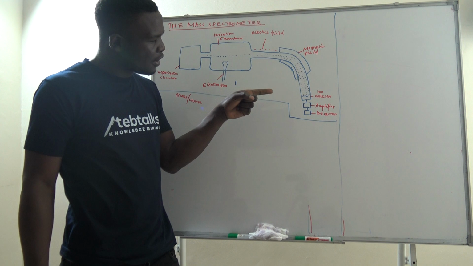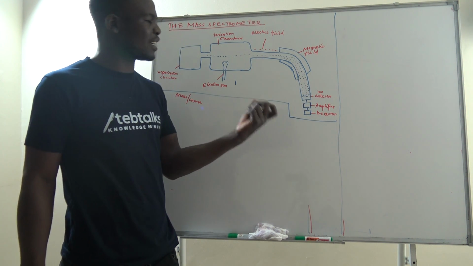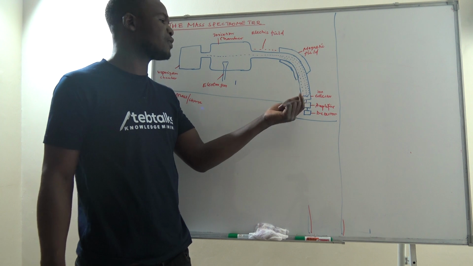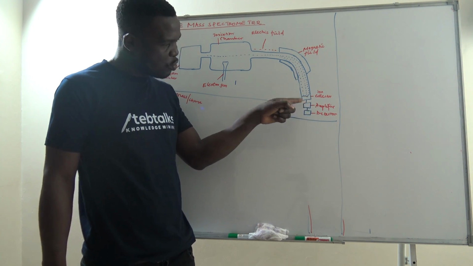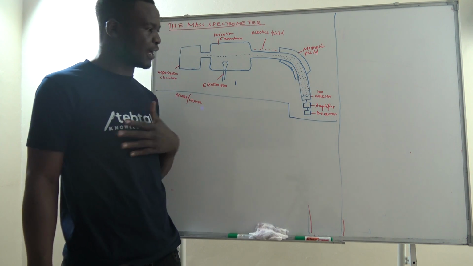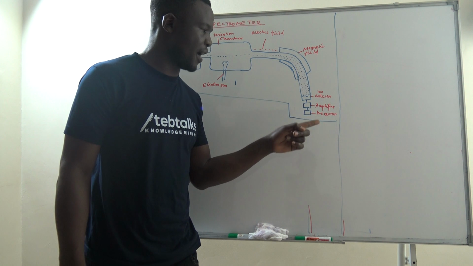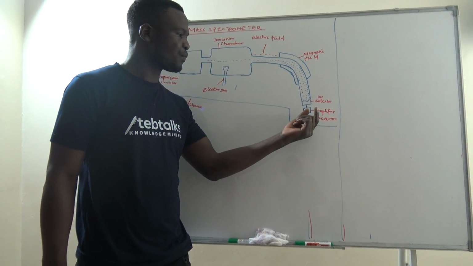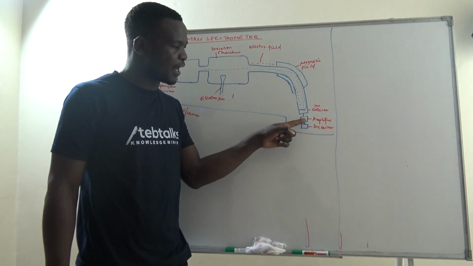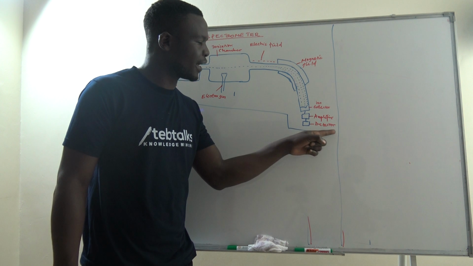Now, when the current is produced here, it is not enough to be detected. In fact, if you connect an ordinary ammeter in the lab here, you might not notice that current. But what we do is that this current is amplified to a sizable amount. After amplifying this current, it is then sent to a detector or a recorder.